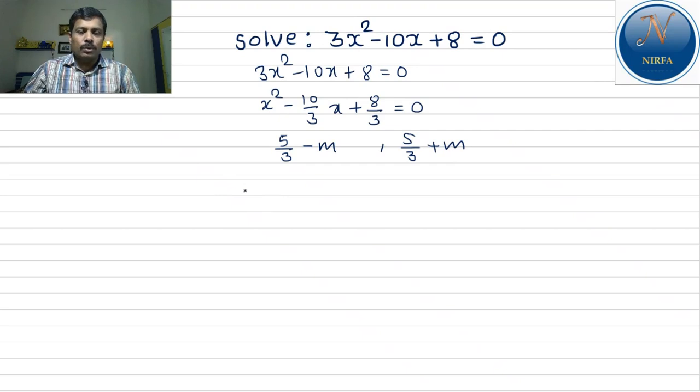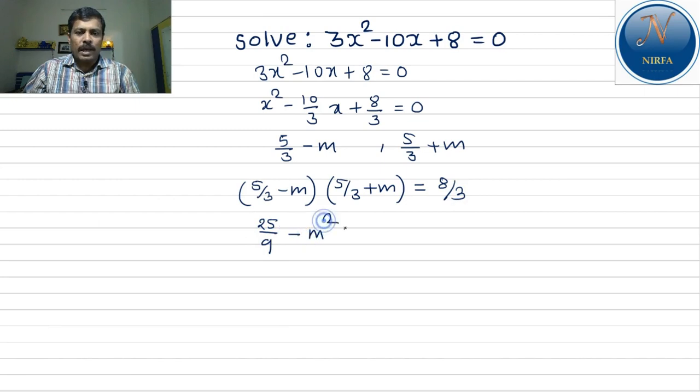Now, according to the relation of coefficients and roots, the product of roots, that is 5 by 3 minus m, this is one root, multiplied by 5 by 3 plus m, this is the other root, is equal to the constant term. That constant term is 8 by 3. Now, this multiplication gives us (5 by 3) square, that is 25 upon 9, minus m square, equal to 8 by 3.